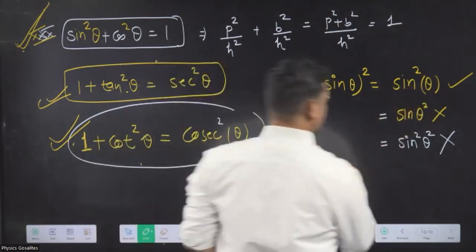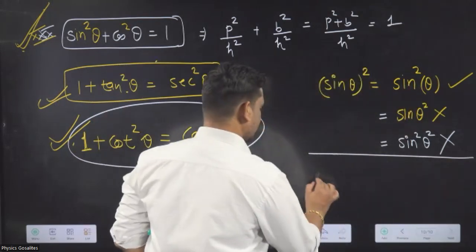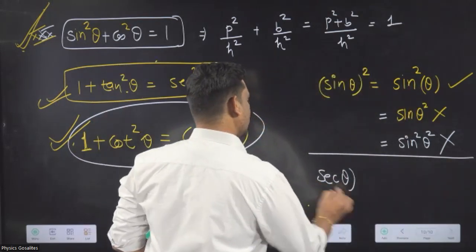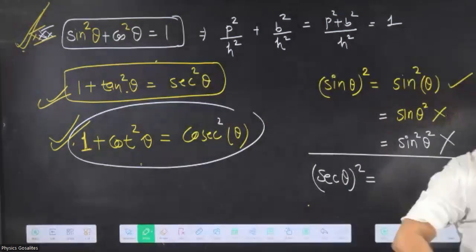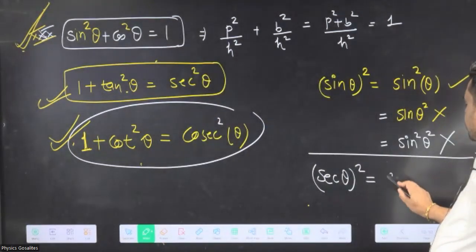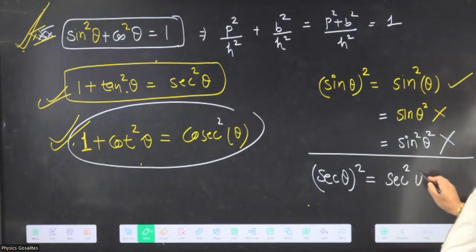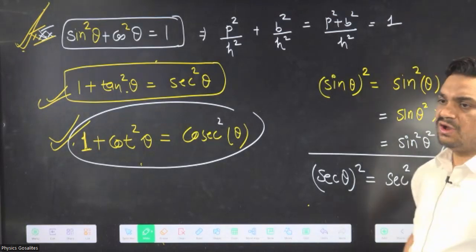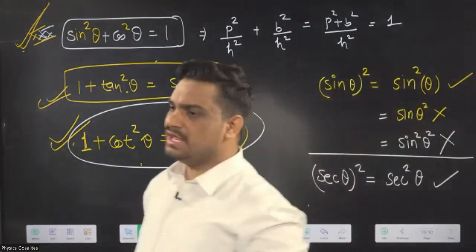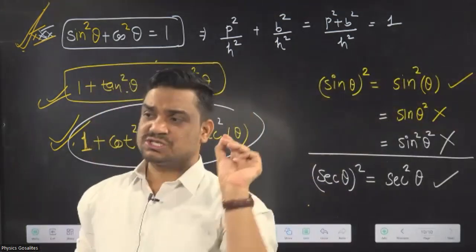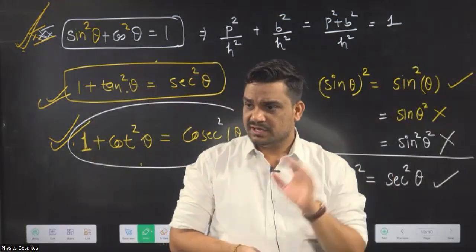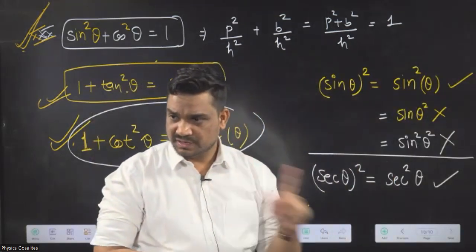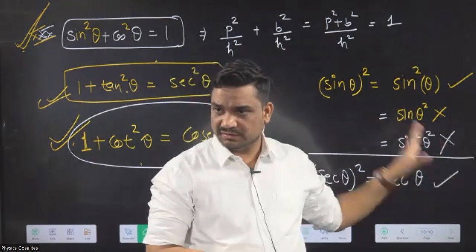Yes, Chandana, now tell, I hope your doubt is cleared. So if this is sec theta whole square, what will I write here? I will write sec square theta. Not sec theta whole square, and not sec square theta square. This term is clear?